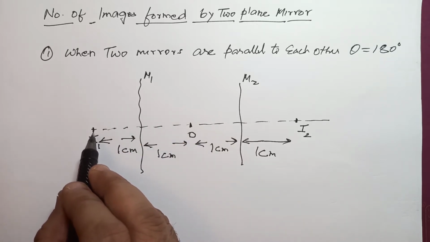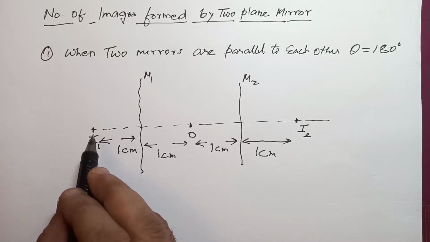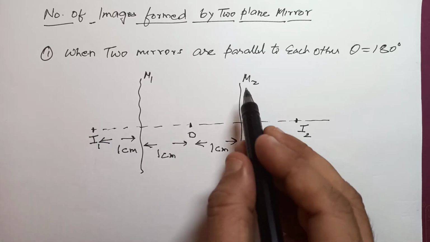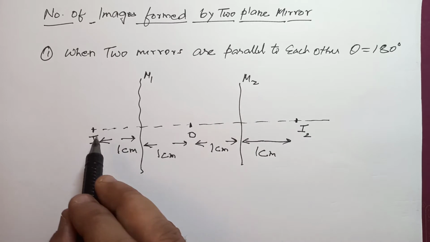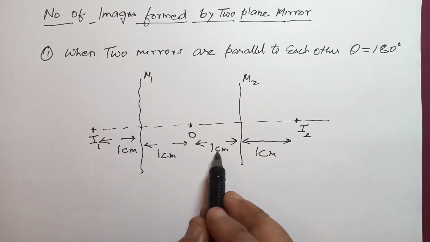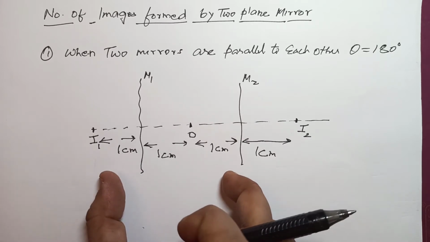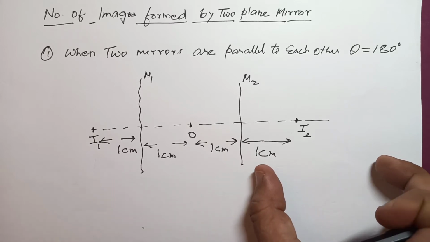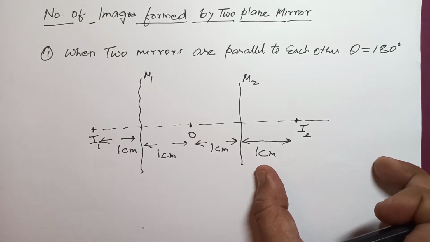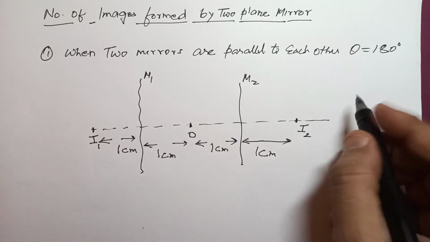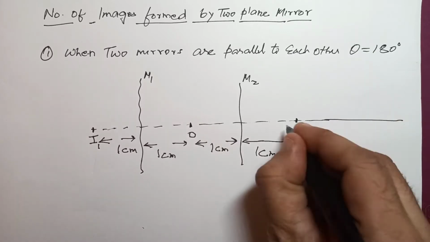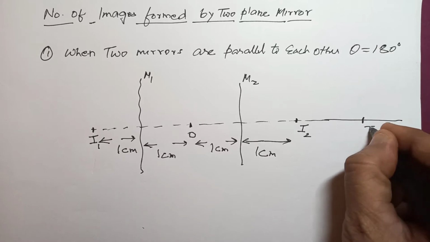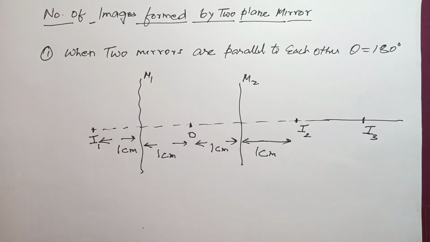It basically acts as an object for this mirror. So this is 1 plus 1 and 1, so this is 3 centimeters. So you will get an image somewhere here as well, let's say I3.